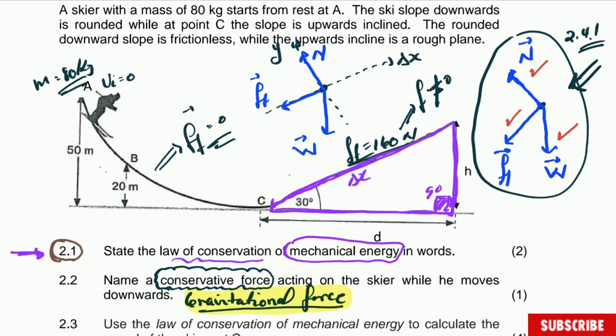If you use maths here, you can see that sin theta, which is 30, sin theta is equal to the opposite side, which is h, divided by the hypotenuse, which is delta x. And guys, here is what we are going to use instead of the displacement, so we are going to substitute it there.